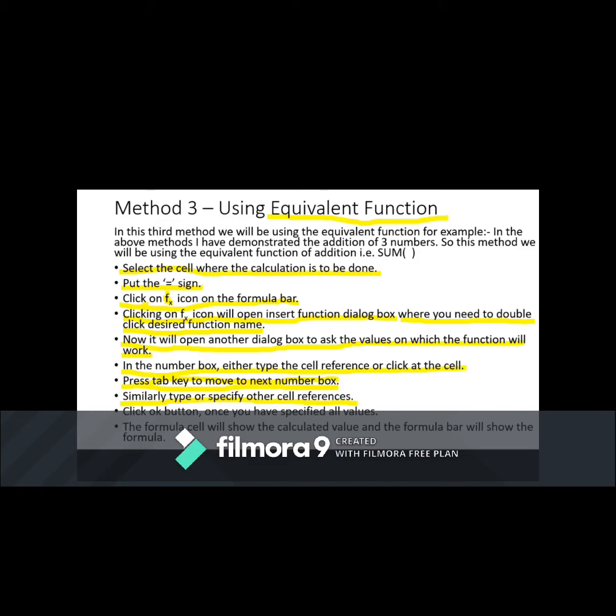Once all the cell references are selected, I'm going to click onto the OK button. Now the formula cell will show the calculated value and the formula bar will show the formula. Formula cell means the cell which I selected in the beginning, where the equals to sign was typed. That is going to show me the calculated result, and the formula bar will show me the formula.